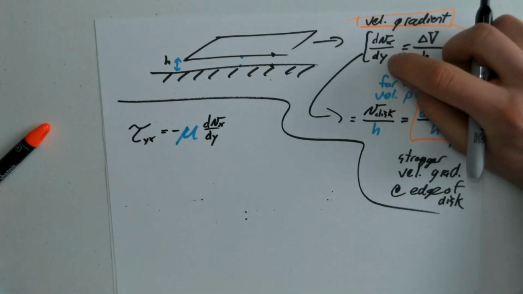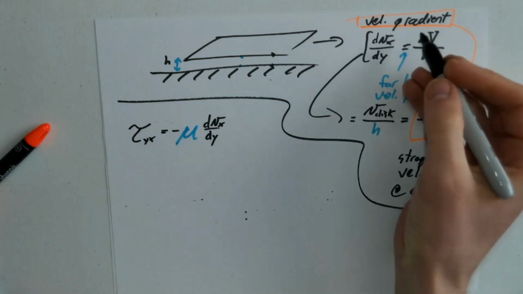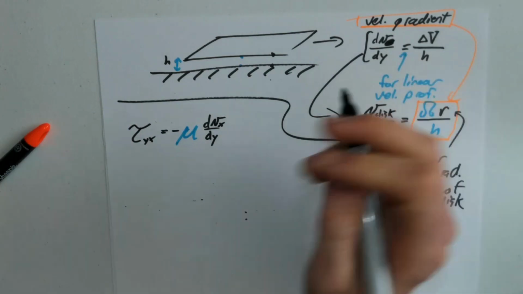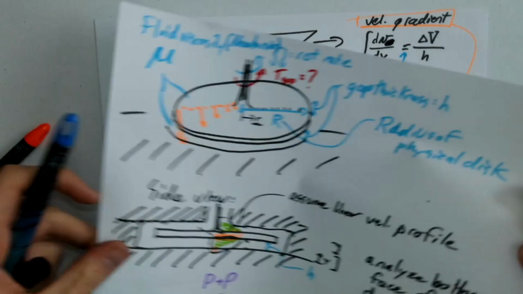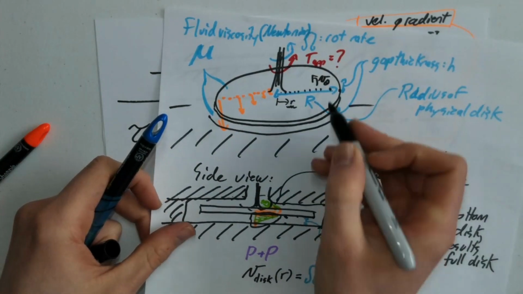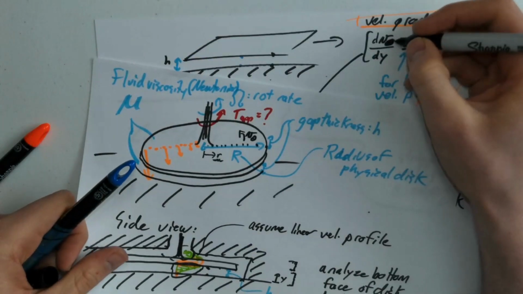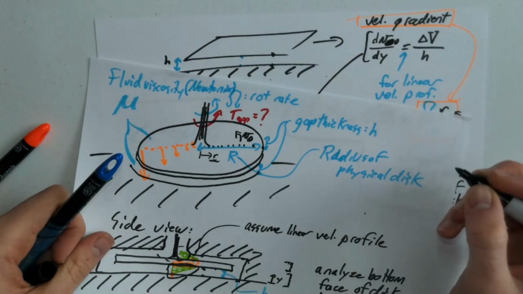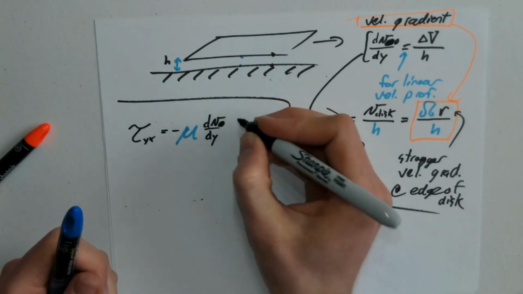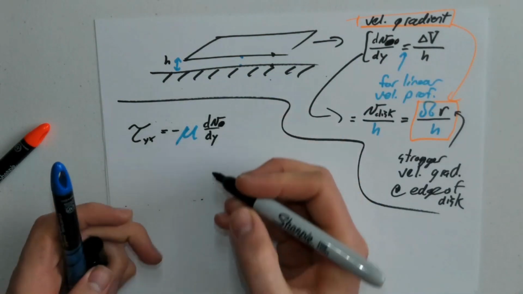Actually, I was a little bit sloppy here. I said dvx/dy, but of course x doesn't exactly make sense here. We're really talking about velocities in the theta direction, so this is really dv theta/dy. Anyway, the details aren't super important, just a little clarification on what the subscript is.